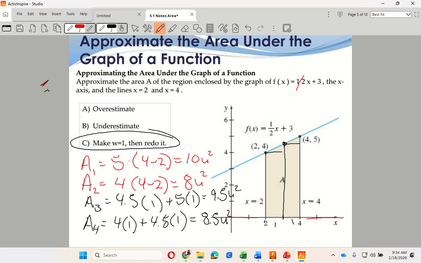What do you think made that happen? What was the change that made it become closer to the actual value? Making the width 1, or more rectangles. Dividing it up into more rectangles is going to give me a closer answer to what the actual answer is.